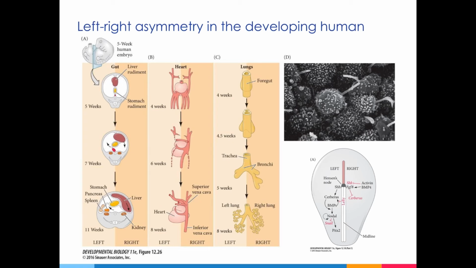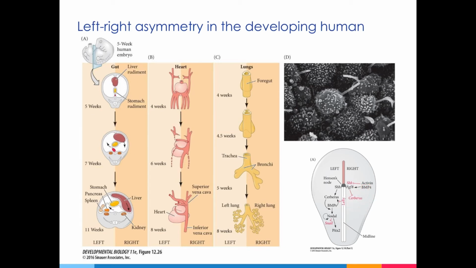As you can see, the paracrine factor nodal is expressed in the left side of the embryo, where it activates the expression of the transcription factor PITX2. This transcription factor is important for the left-right asymmetry of organs. On the right side, there are inhibitors that prevent nodal from being expressed.